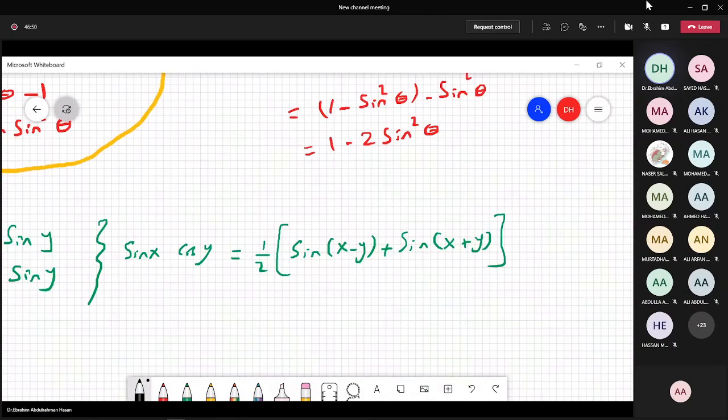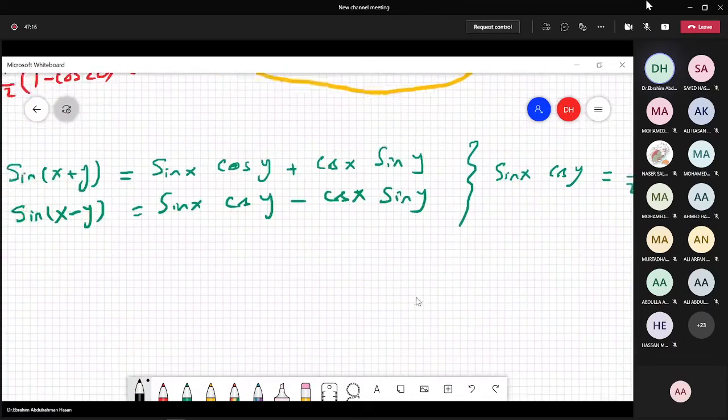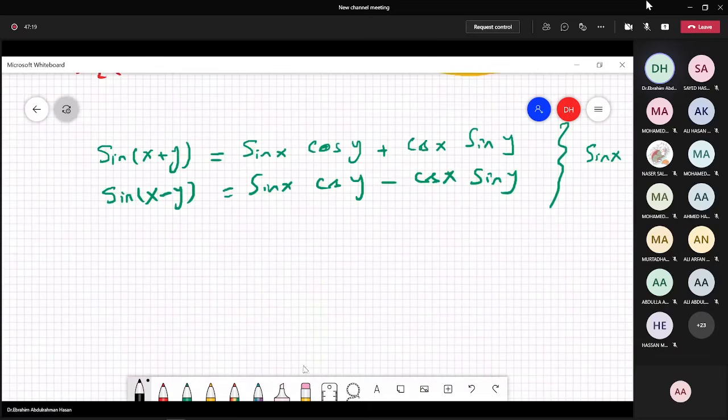If I have the integration of sine x multiplied by cosine y, then this is non-linear. So to linearize it, we need to use this property. So sine x cosine y is equal to half of sine x plus y plus sine x minus y. Okay, the same idea.